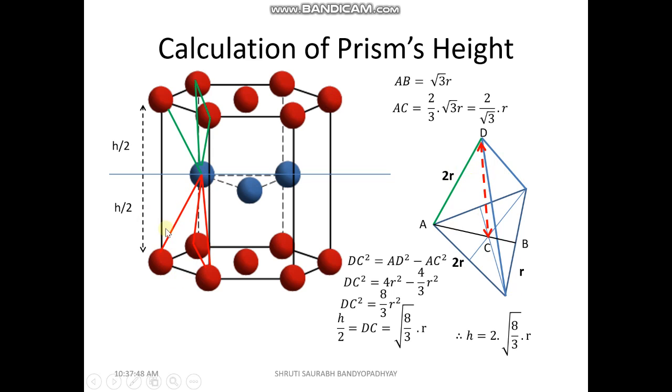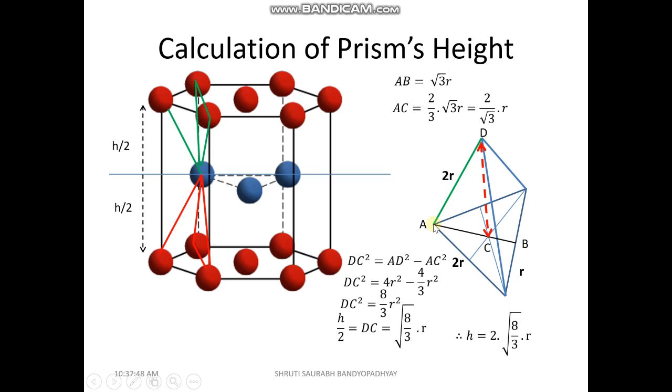We have extracted this pyramidal structure from the unit cell to here. You see here, AB, this triangle is the base, and that is the blue sphere. This blue sphere is here at D, and this base is the triangular base.